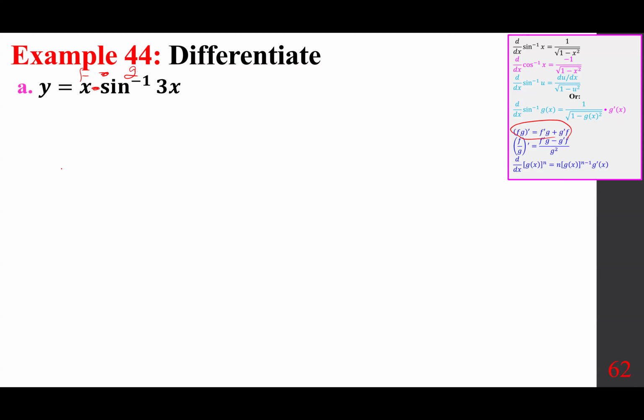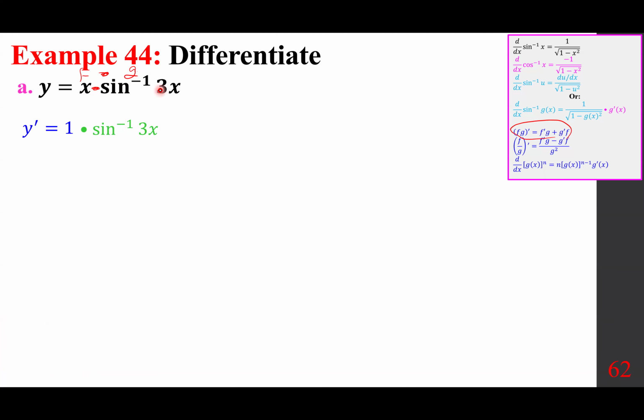So what is f? What is f prime? It is 1 times g, sine inverse of 3x. Plus, what is g prime?